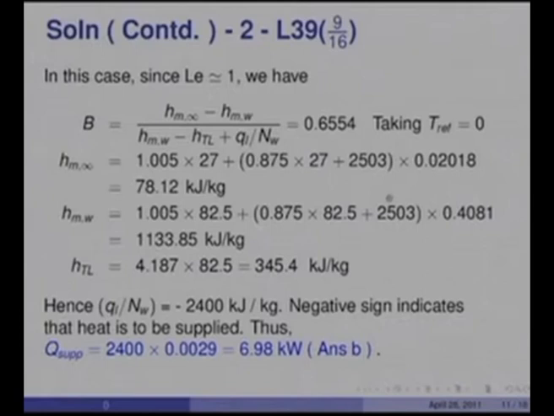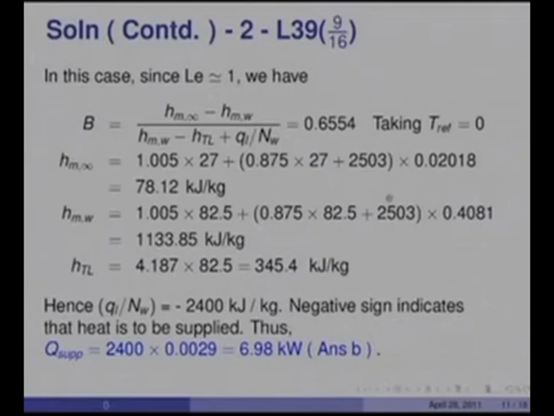So, hence Q_L divided by n_w will evaluate to minus 2400 kilojoules per kg, and the negative sign here clearly indicates that heat must be supplied, because we take Q_L away from the plate into the transferred substance phase as positive, and therefore, negative sign implies that Q_L is to be supplied to the plate.